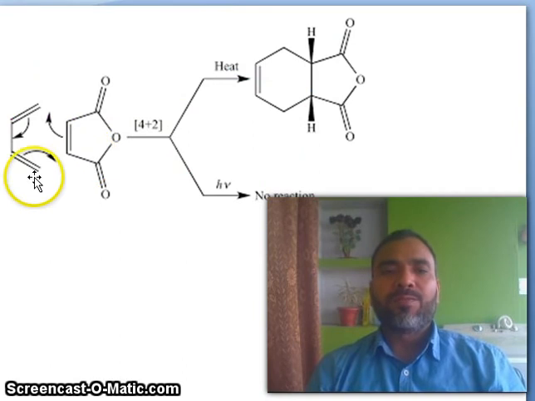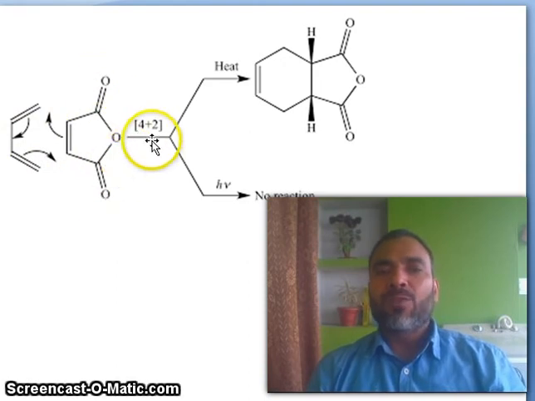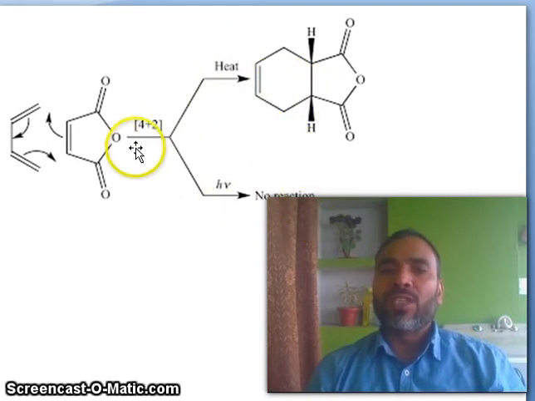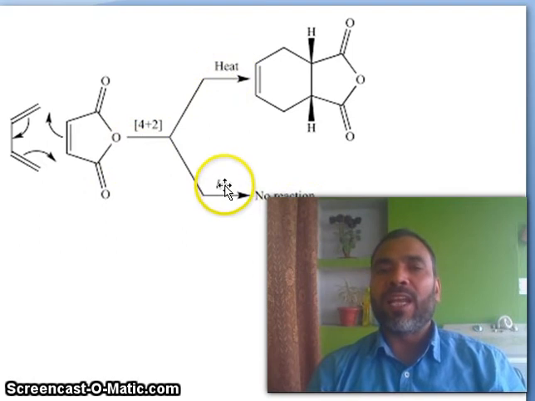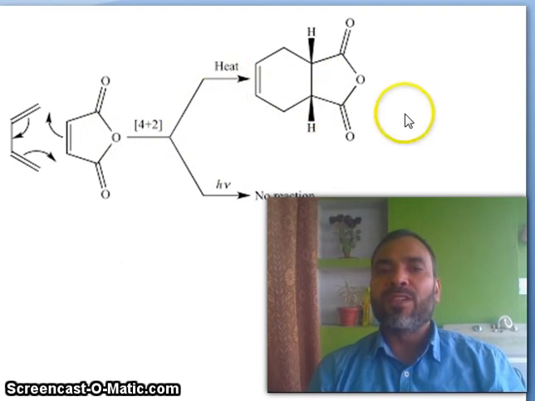You see, here this is the diene. Here the dienophile is flanked by this group, meaning an anhydride. A 4+2 cycloaddition reaction occurs. Under heat it gives this product, but under light the reaction does not go. Why is light not suitable and heat the suitable condition for such types of cycloadditions?